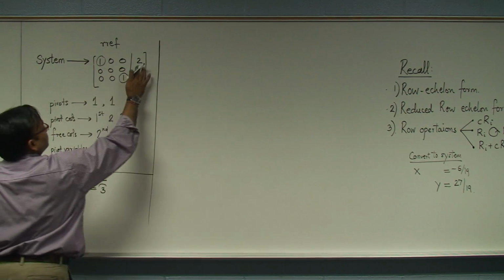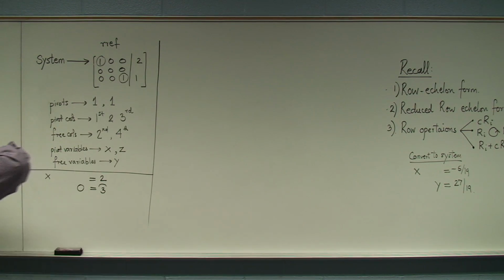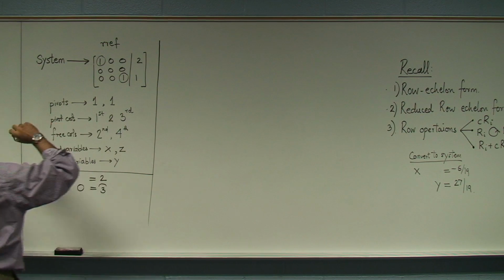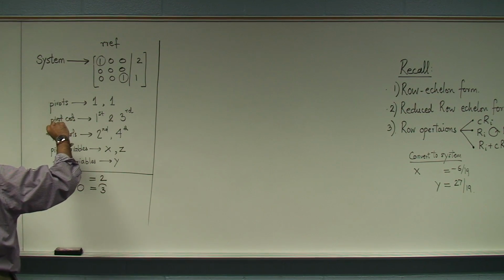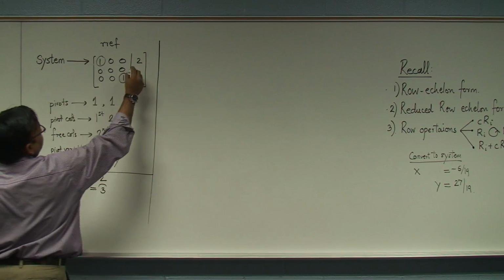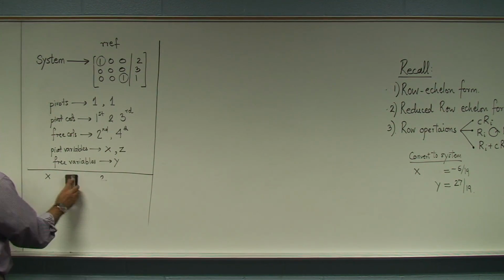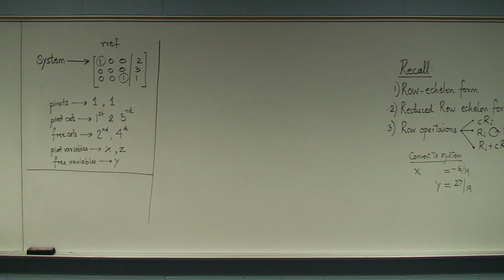Actually, let me change this for a moment. We have a problem. Actually, in this example, I made an error. Okay, let's learn from the error that I have made. I didn't realize, but it's a good learning point.